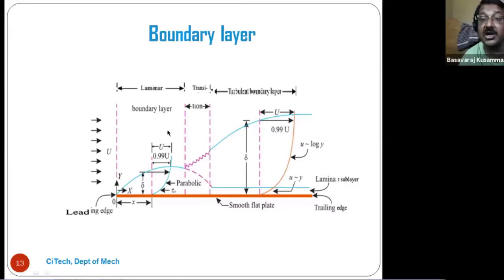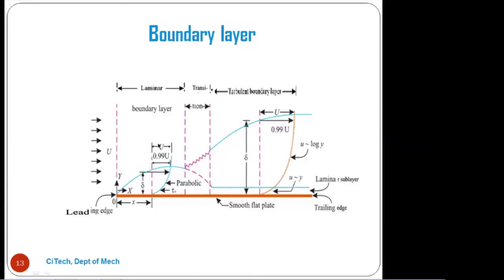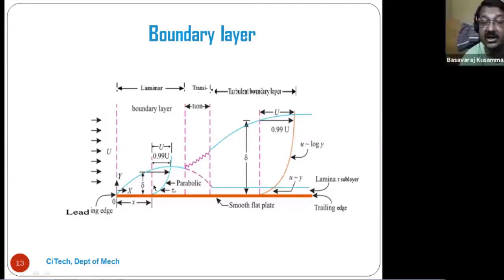Above the boundary layer, the velocity becomes constant, that is called the mainstream velocity. Below the boundary layer thickness, the velocity decreases and viscosity increases, understand? So this delta is the boundary layer thickness.